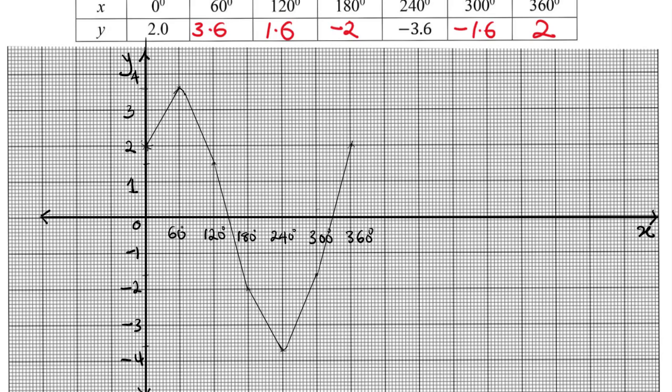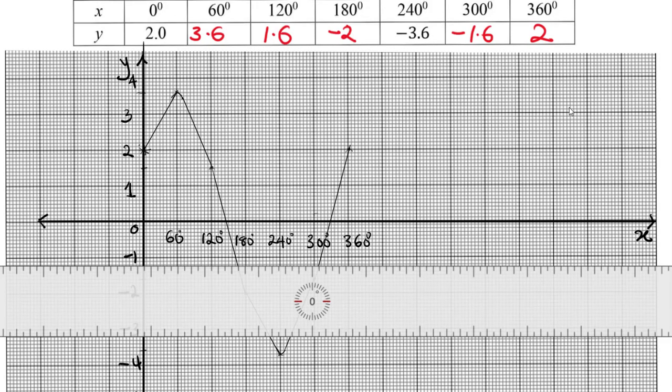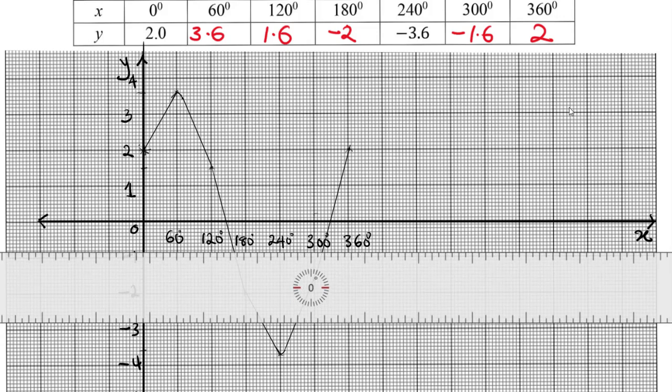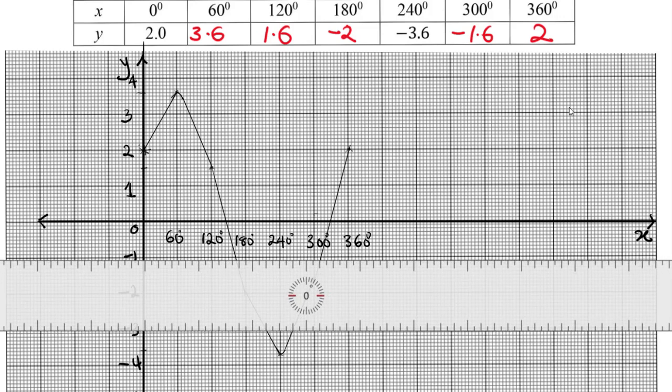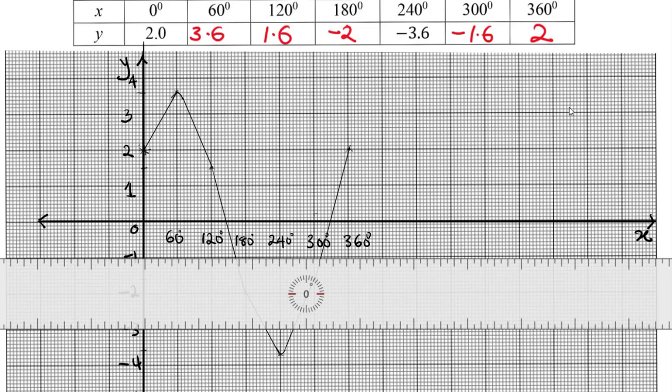On the graph now, remember the question says when y is equal to minus 1. Of course, when y is equal to minus 1, we're going to trace it to the curve. So using the ruler now, we're going to trace it to the curve, right?